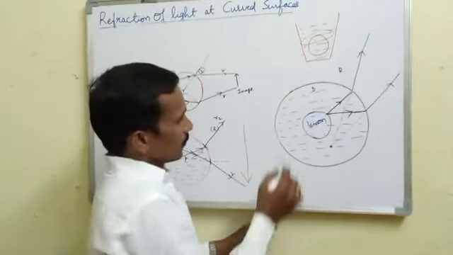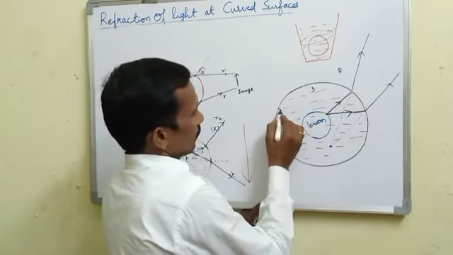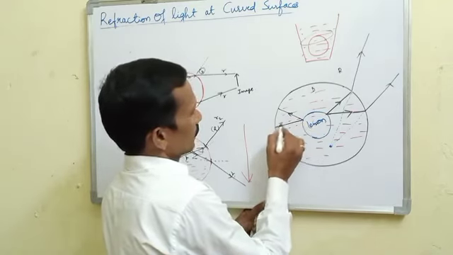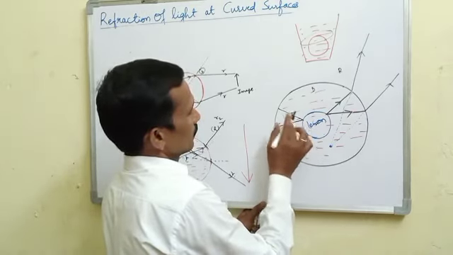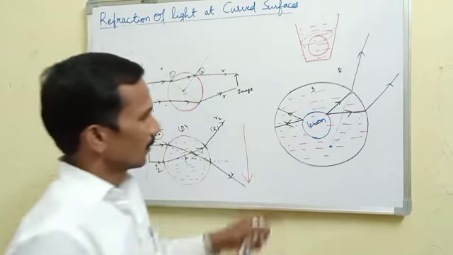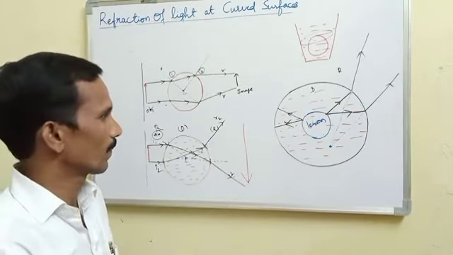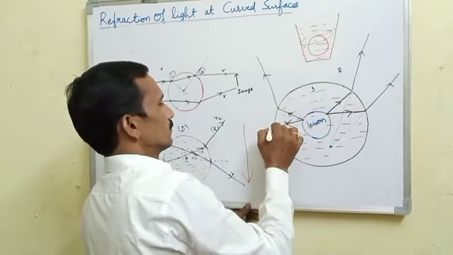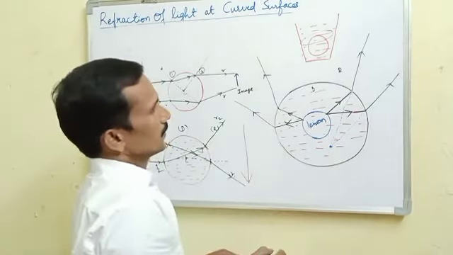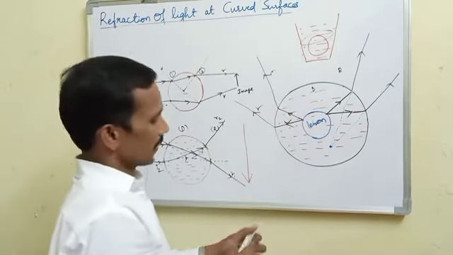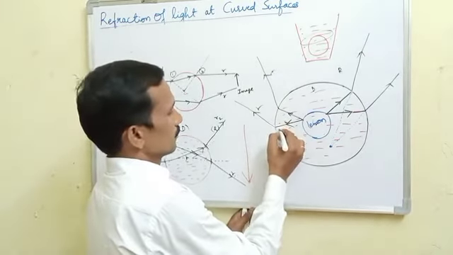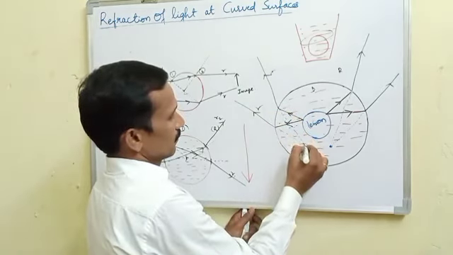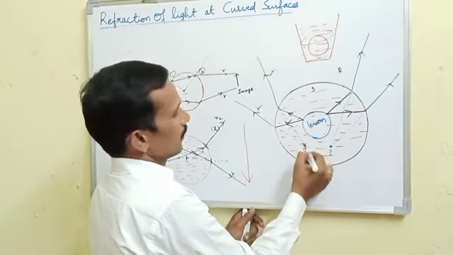Now we take another two rays which go like this. The incident rays from the lemon. Again they refract like this, diverge. These are the refracted rays. When we extend them back, they meet at some point. These are the images of the lemon.